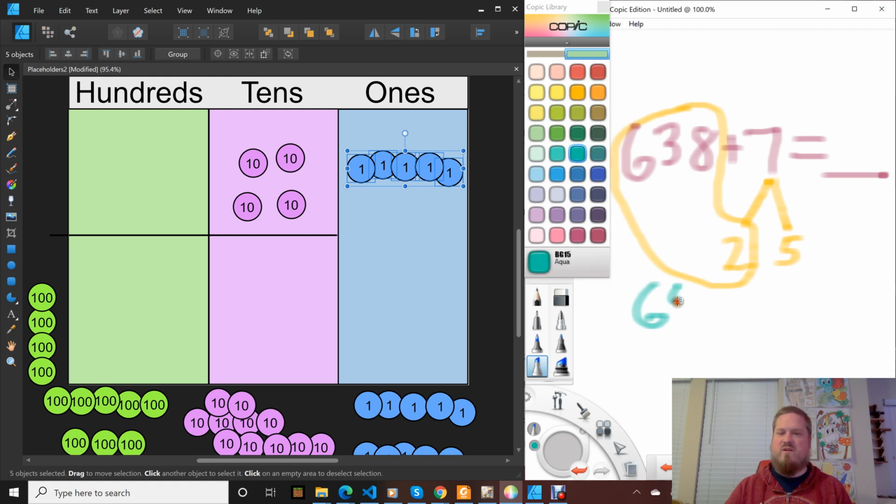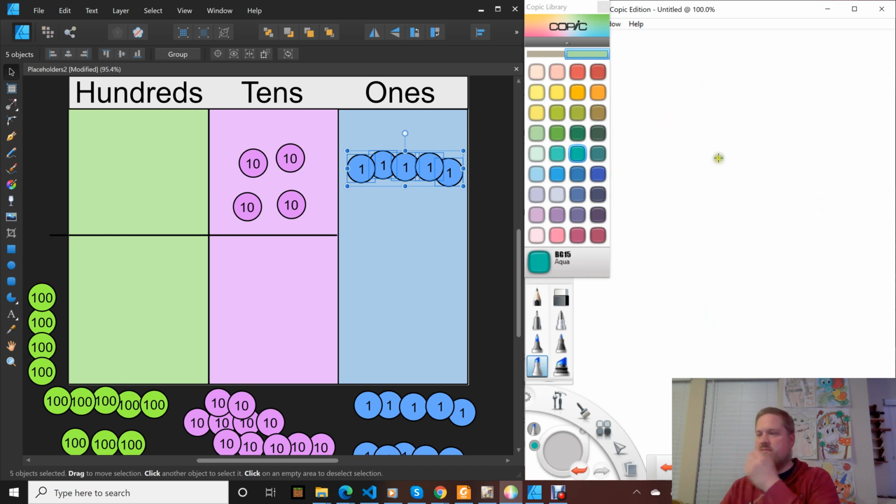Call it 640. And 640 plus the 5 is easily seen to be 645. And since 38 plus 7 is nowhere near 100, we know we're not going to have to add another 100 up here. So we can just keep the 600. 645.